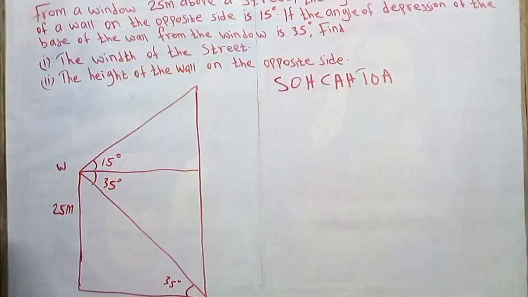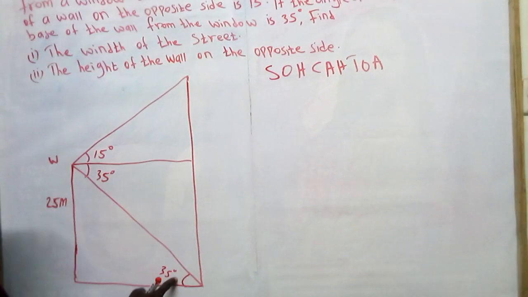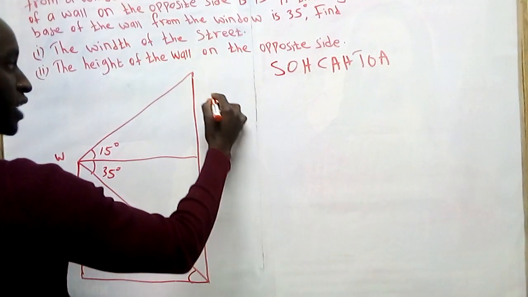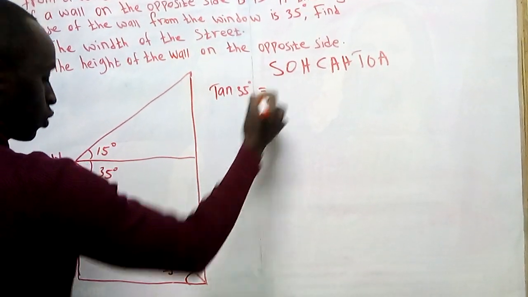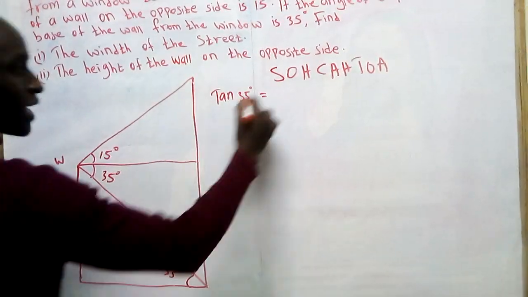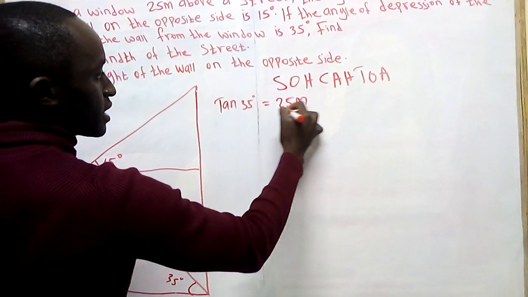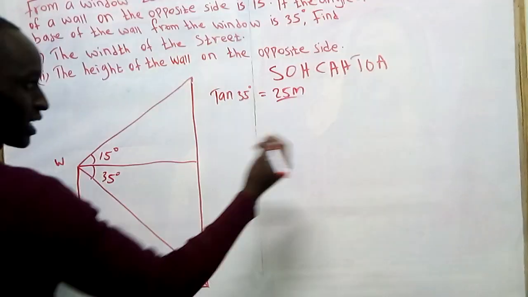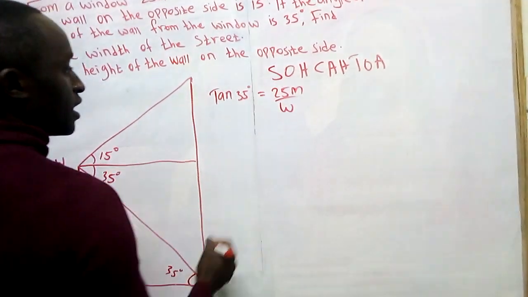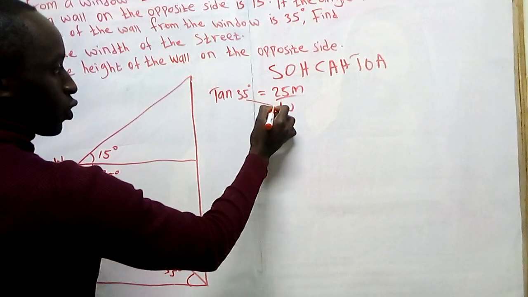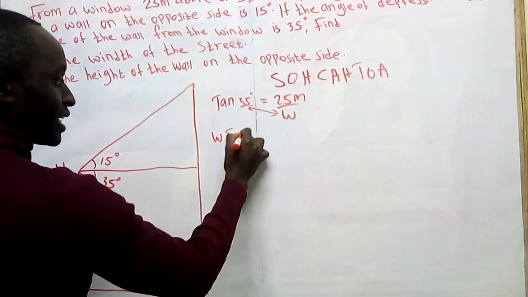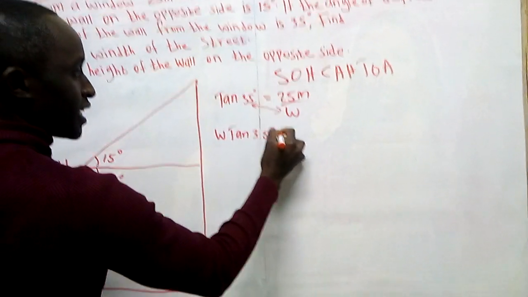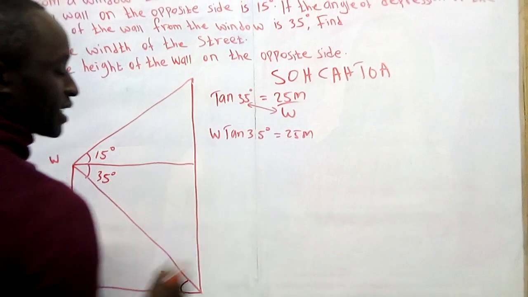Therefore, to find this one, I'm going to take this angle, whereby I say tan 35 degrees is equal to opposite, which is 25 meters, all over adjacent, which is the width. To get this width, I cross multiply, whereby I get W tan 35 degrees is equal to 25 meters.